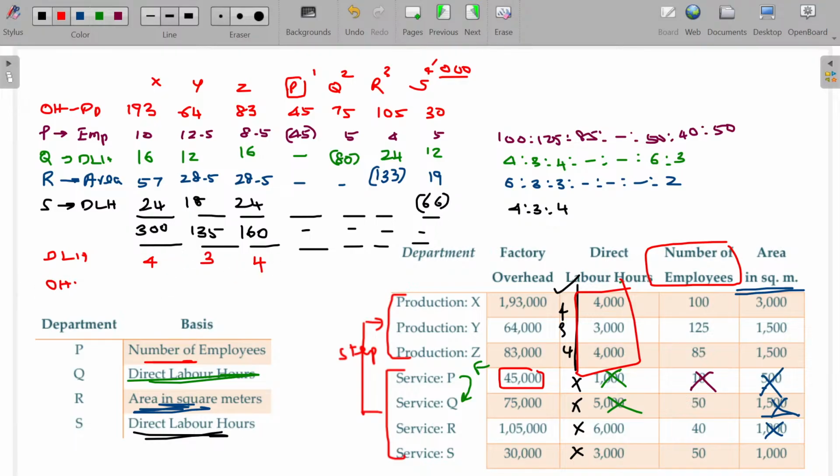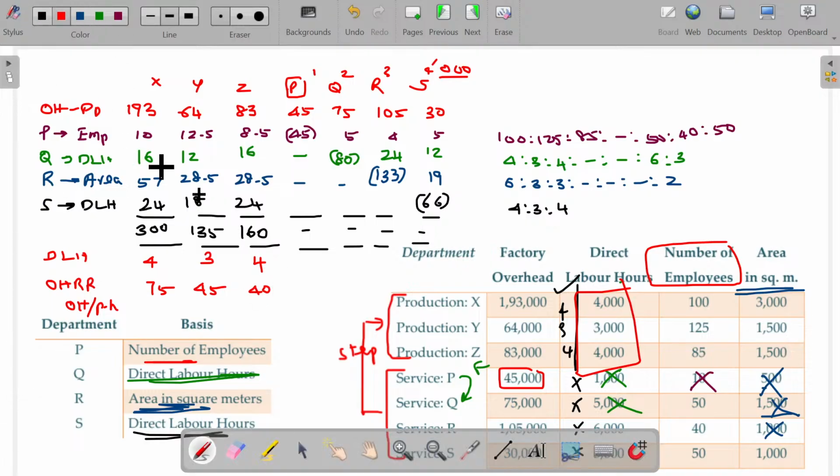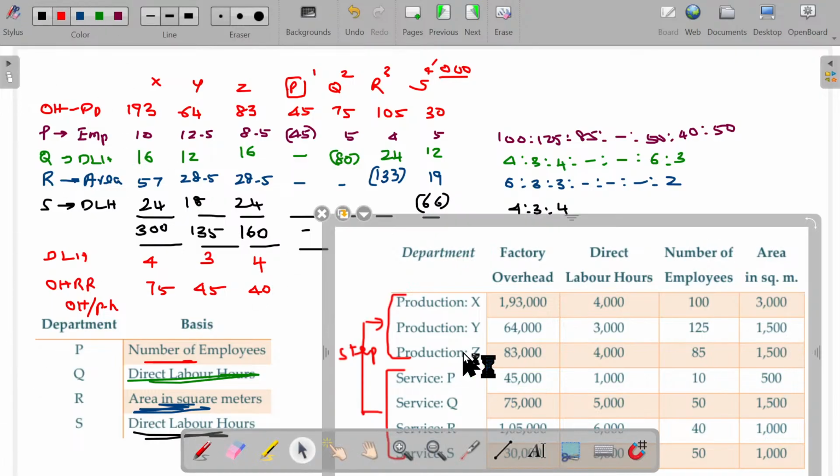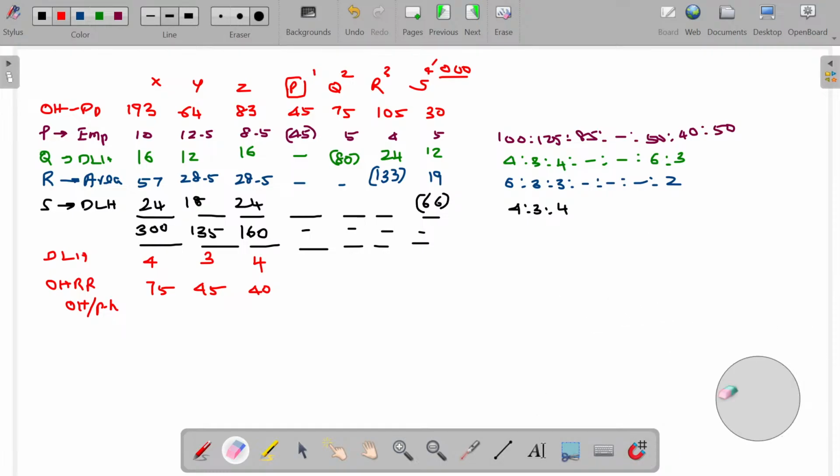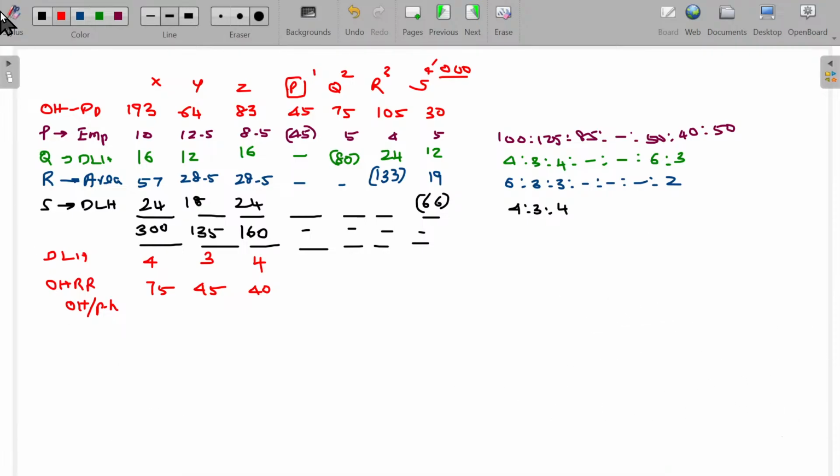Now find out the overhead recovery rate, which is nothing but overhead per hour. How much? 75, 45, 40. Clear? This one is pretty simple. Any doubts here?